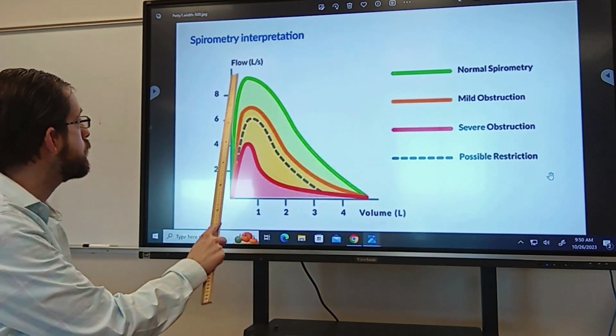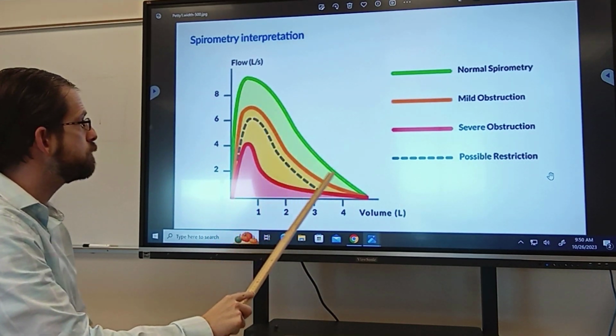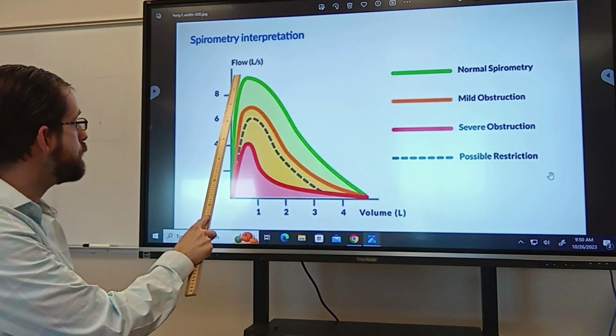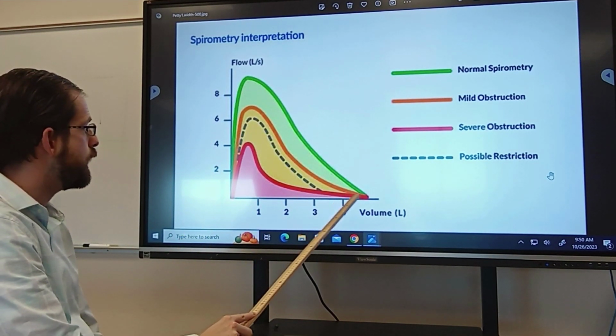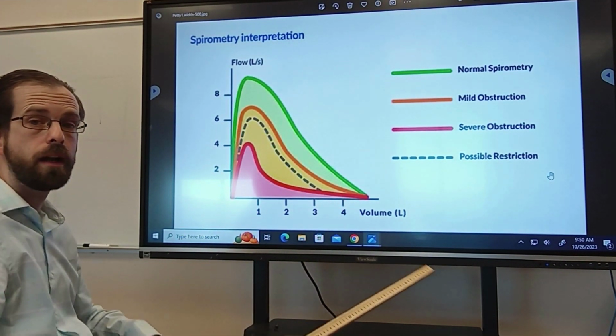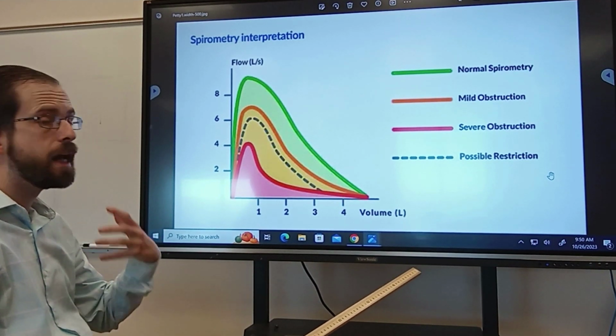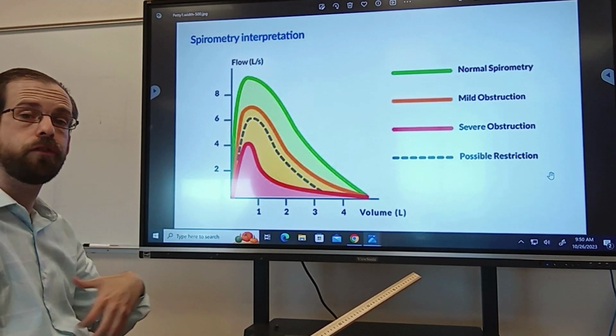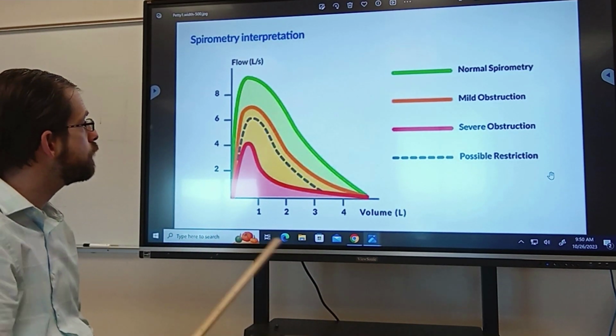This green line right here shows normal spirometric conditions. You have a high flow, and then you can have a long sustained volume that is able to bring in the oxygen and then release the carbon dioxide.